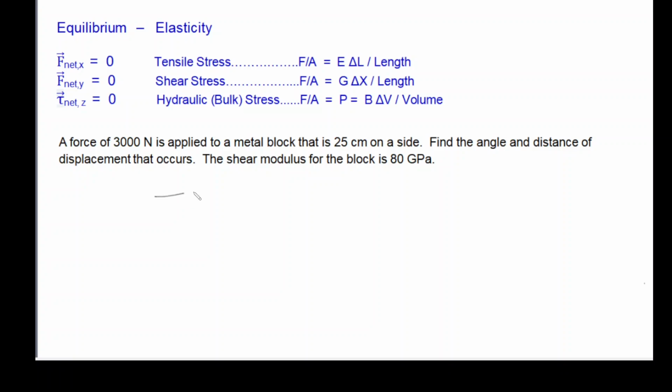So we have a block, and the block is 25 centimeters per side, and a 3,000 Newton force is applied, and that moves the block over a distance of delta x, and we're kind of exaggerating that distance in this diagram.